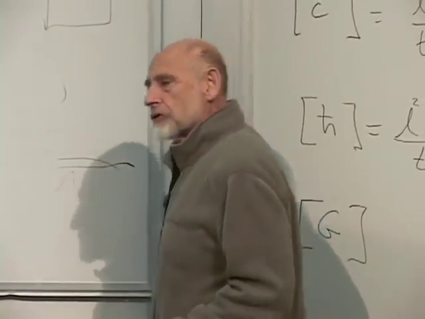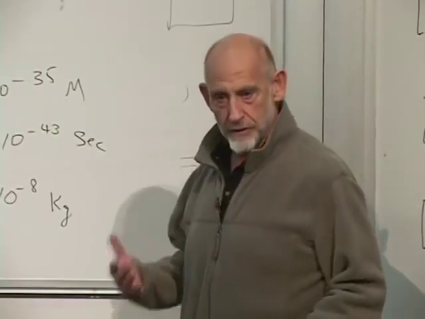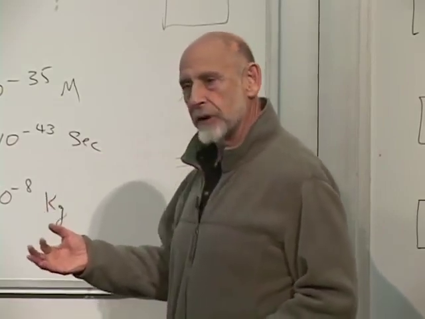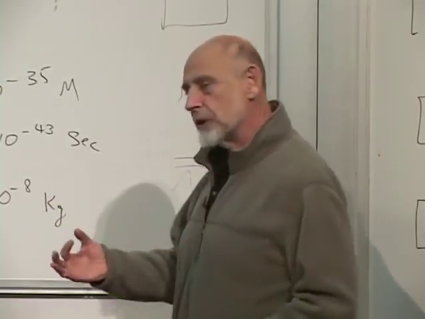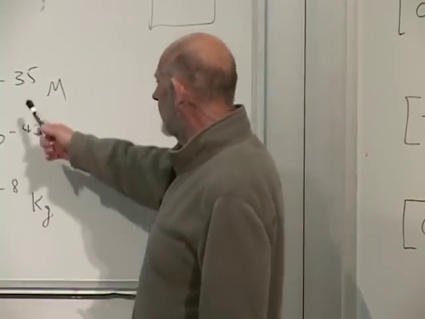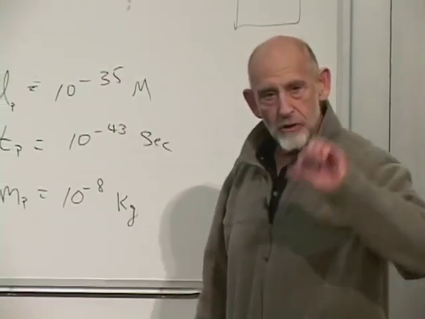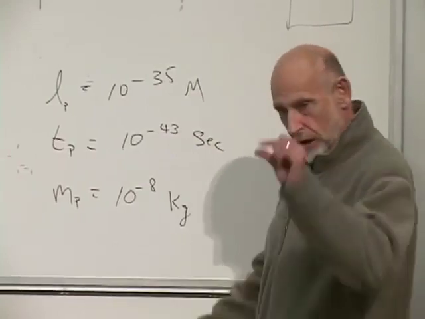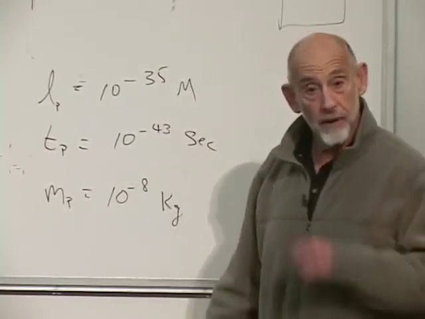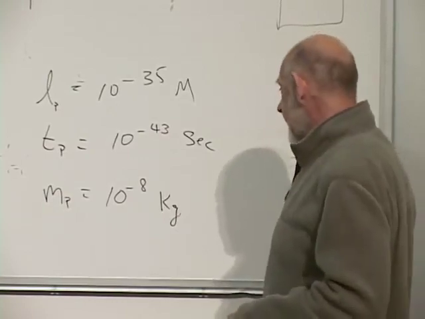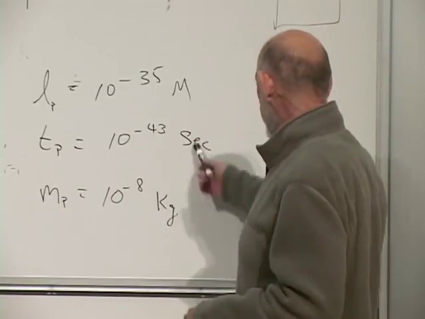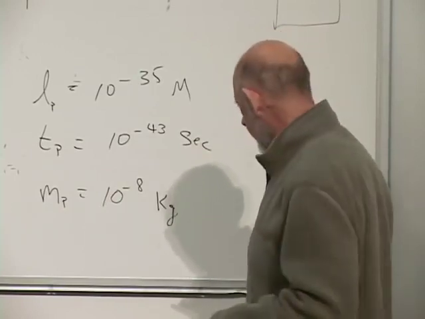These are the units that string theory is in. The size of a vibrating string, the fluctuations in it due to quantum uncertainty, is of order the Planck length. The period of oscillation is of order 10 to the minus 43 seconds.